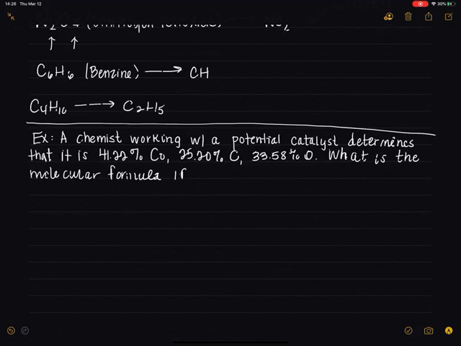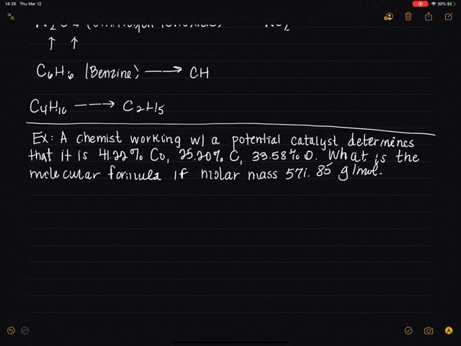If we look at this problem, how is it different from our other two examples? They give us the molar mass, and they ask for the molecular formula.